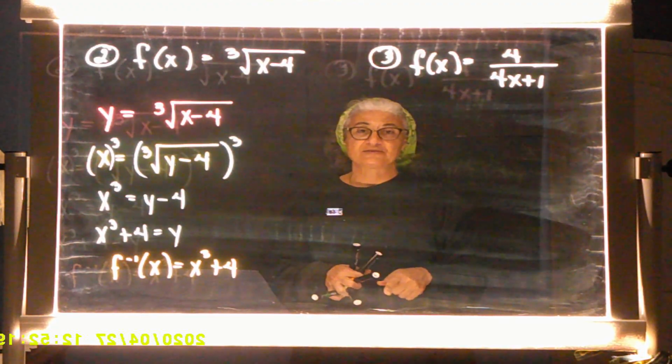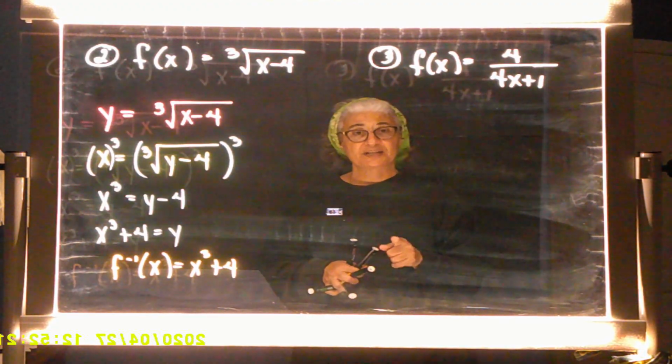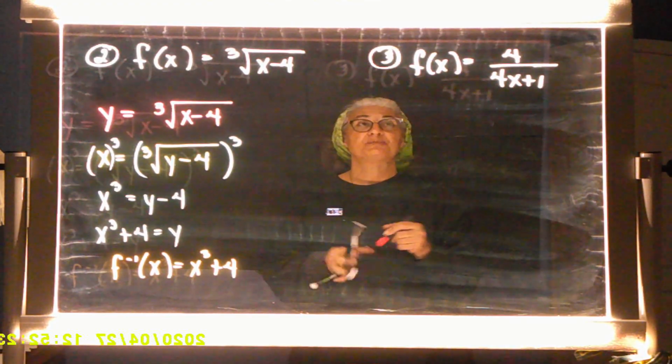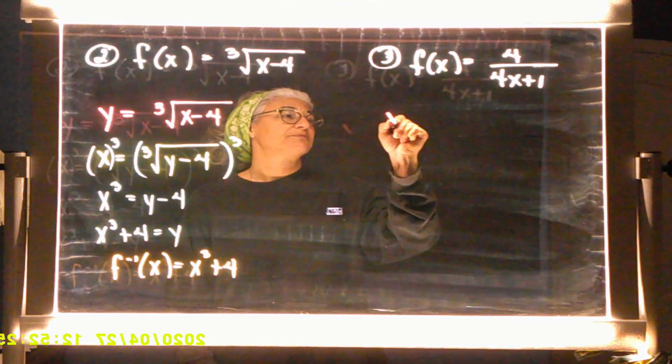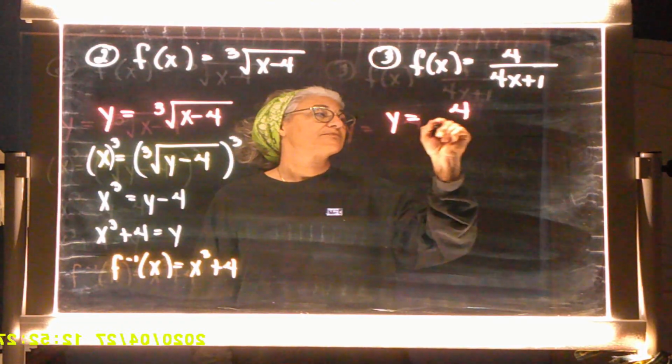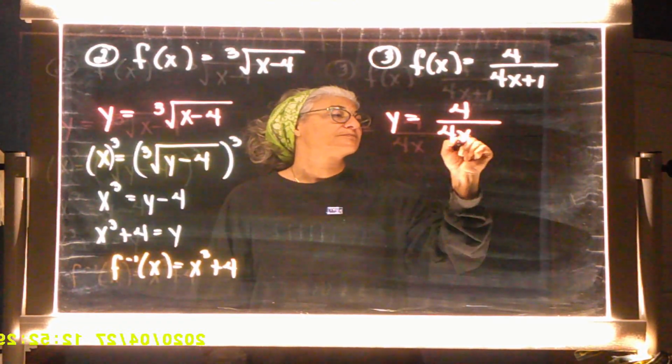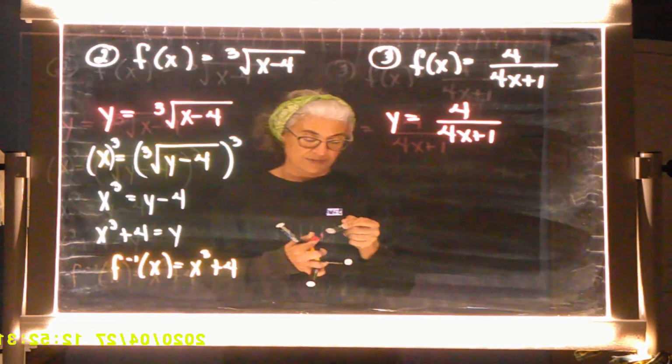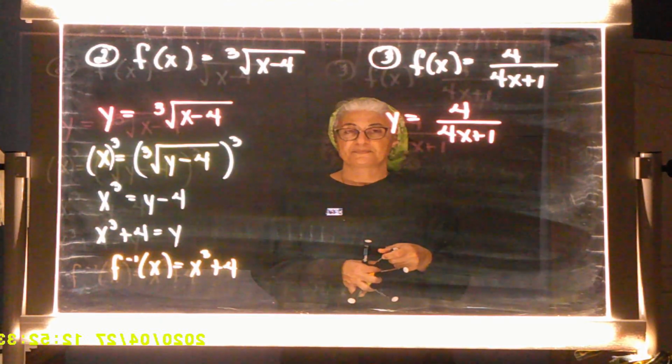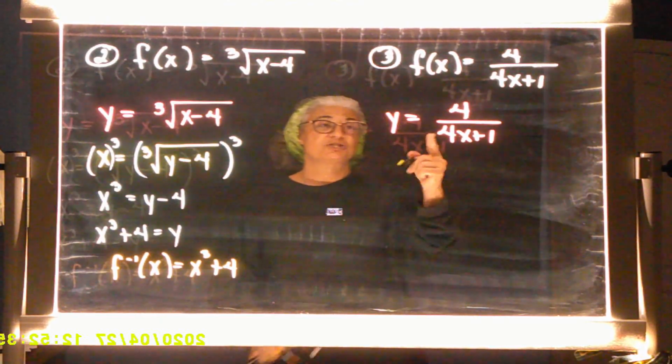Still finding the inverse. So, first step, good. Replace that f of x with a y. Excellent. What's the next step? Good. You're going to switch the x and the y.